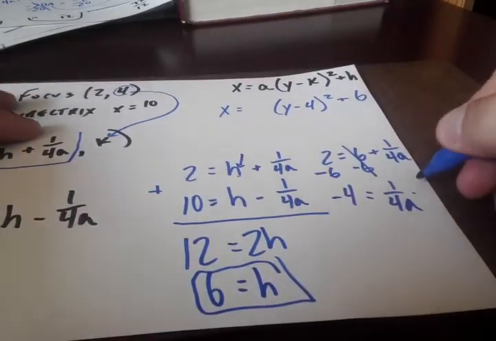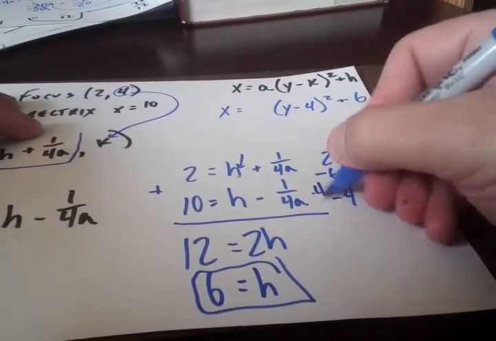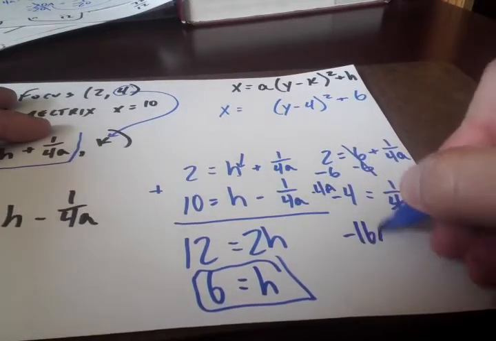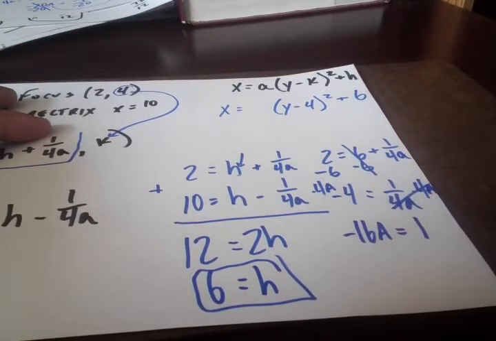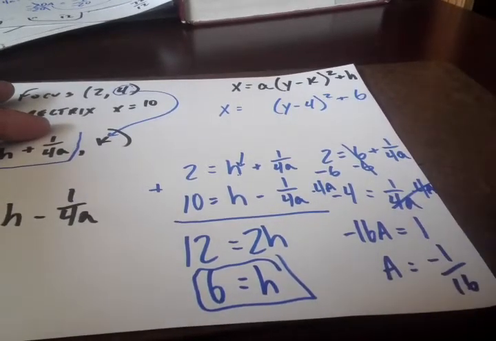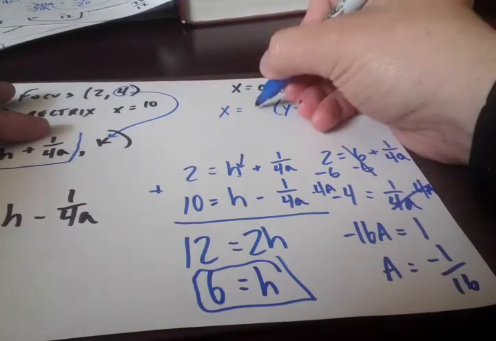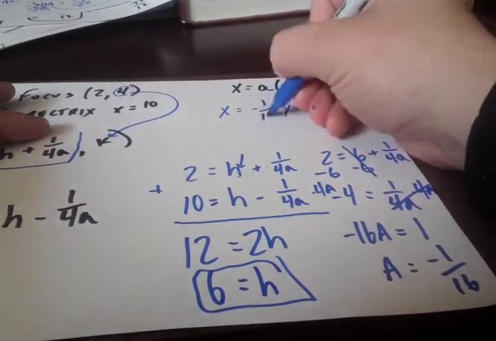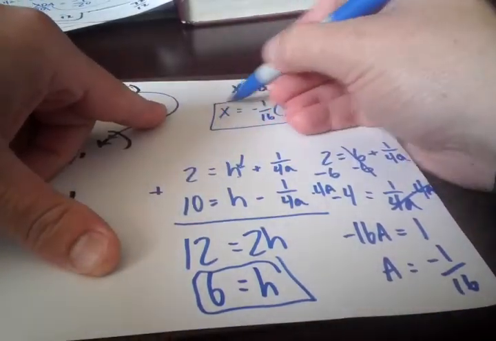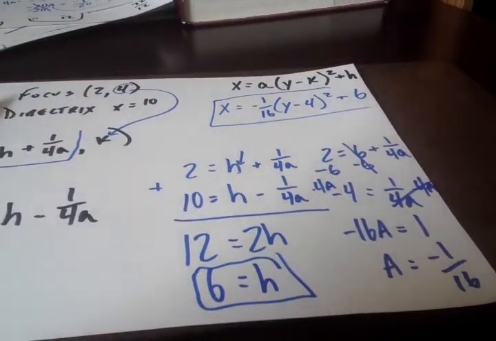Reminder that we will move this 4a by multiplying both sides, which gives us negative 16a equals 1. And when we divide, a will be negative 1/16. So I will now plug this guy in up here. All right, so this is our equation for number, what was that? Number 29.